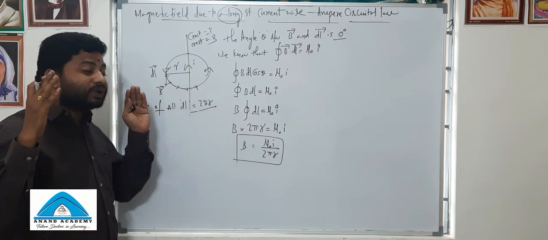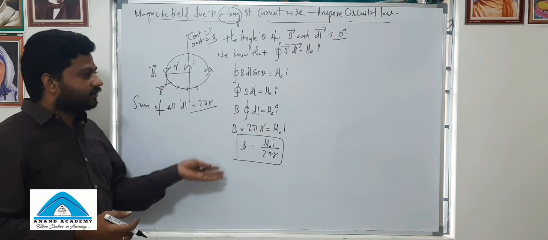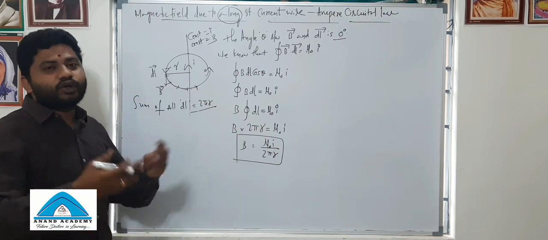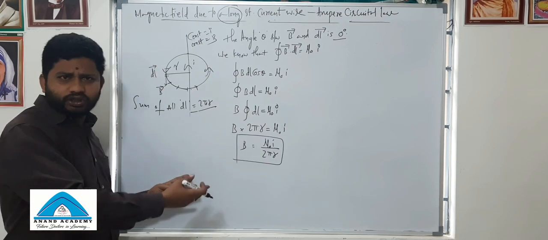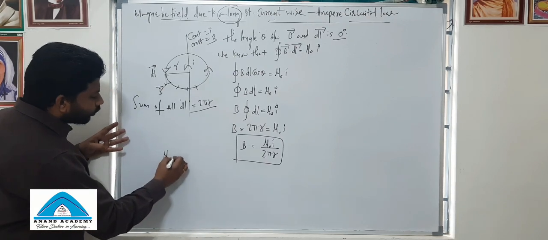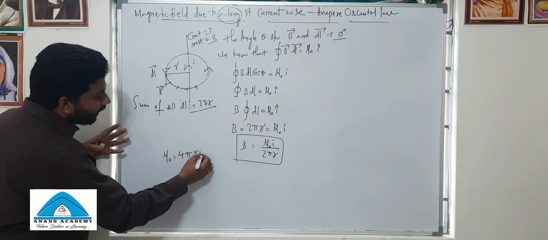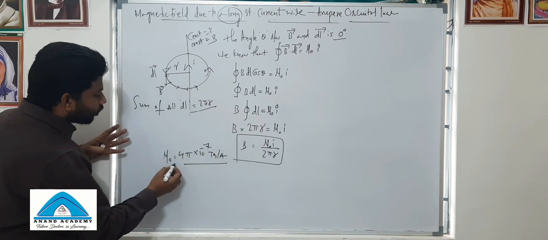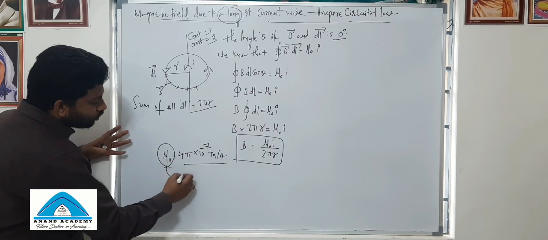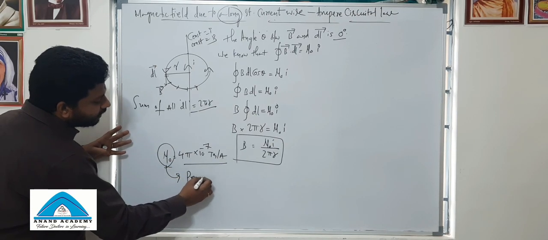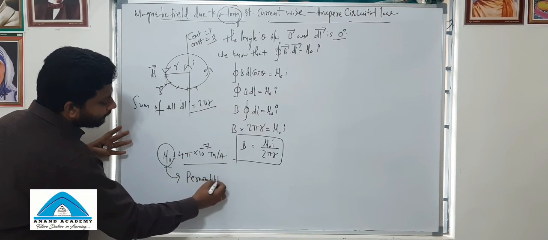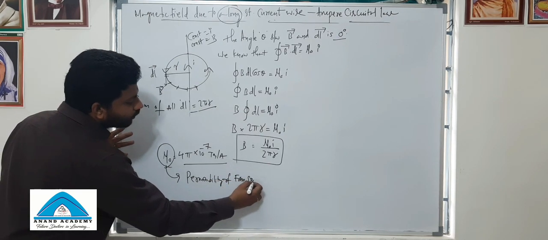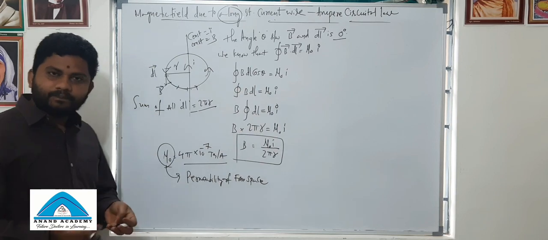I hope you could recollect the expression we just discussed. Right? So B is equal to mu naught I by 2 pi r. And so many numericals we have done on this. The mu naught value is 4 pi into 10 raised to minus 7 tesla meter per ampere. So what is this mu naught? Mu naught is the permeability of free space. Permeability of free space, that's mu naught. Okay. Right?